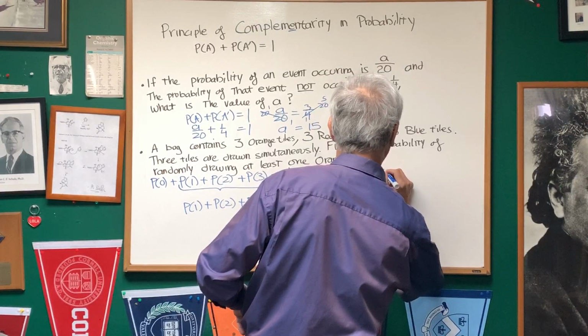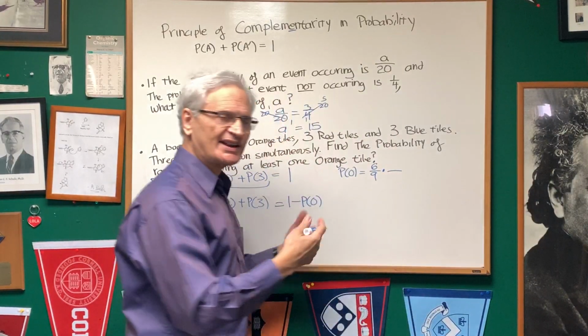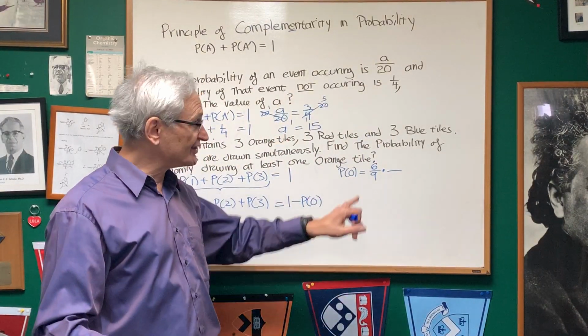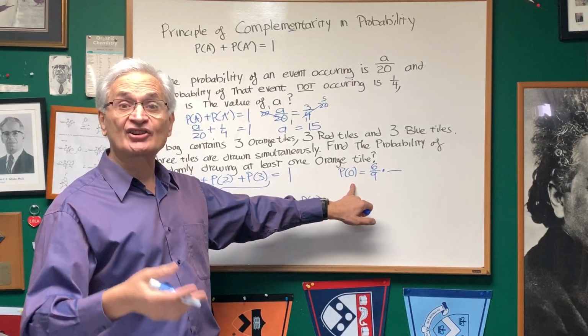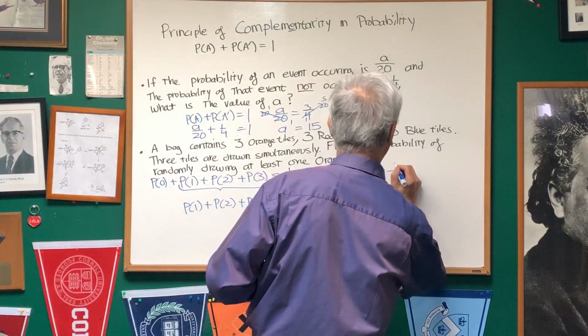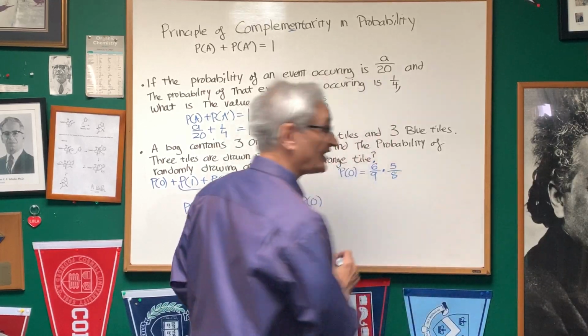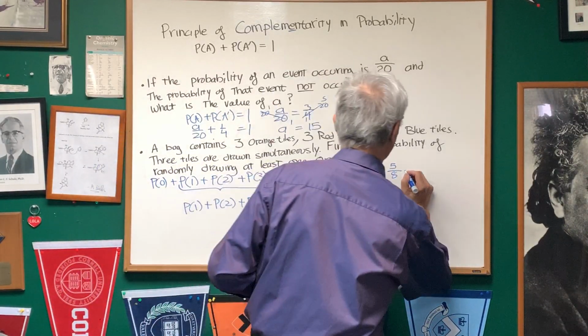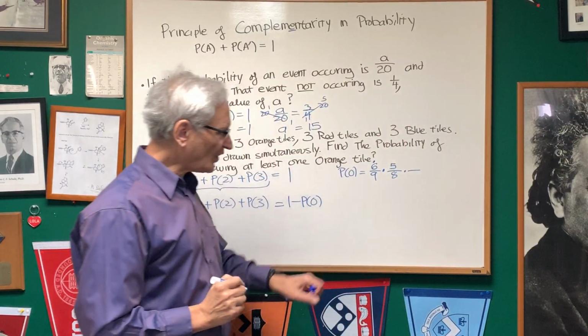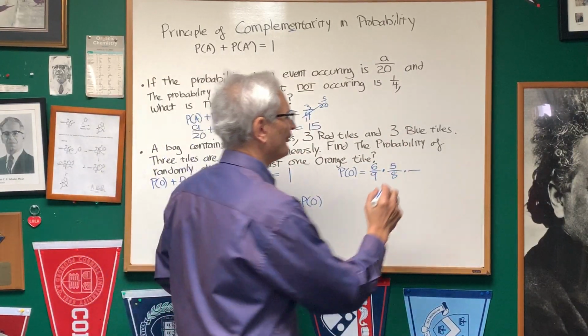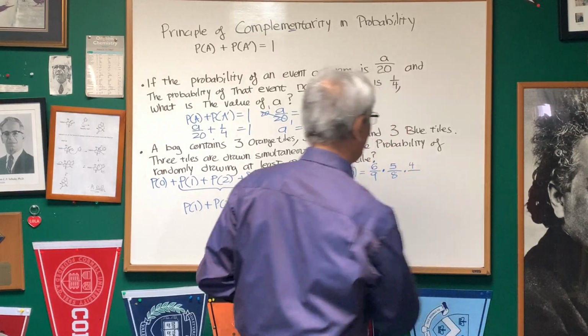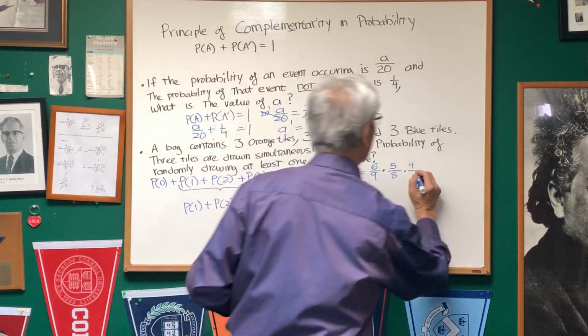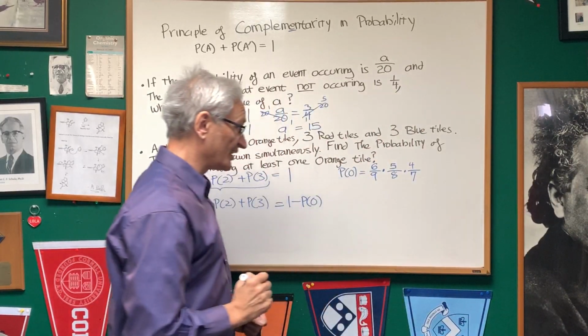After that is taken out, the next event is to pick another non-orange tile. There are only 5 non-orange tiles left and 8 tiles in the bag. And for the final choice, we only have 4 tiles in the bag that are not orange, and a total of only 7 tiles in the bag.